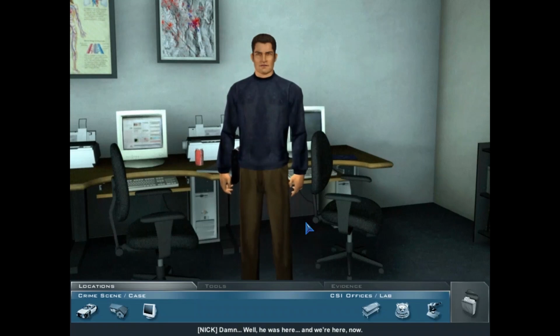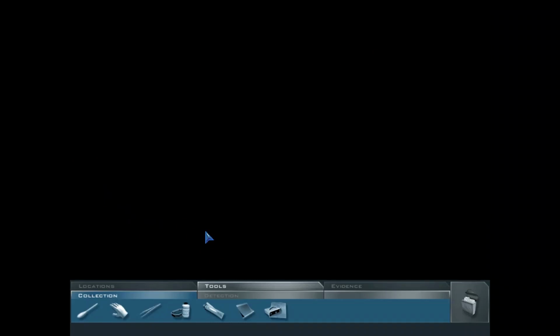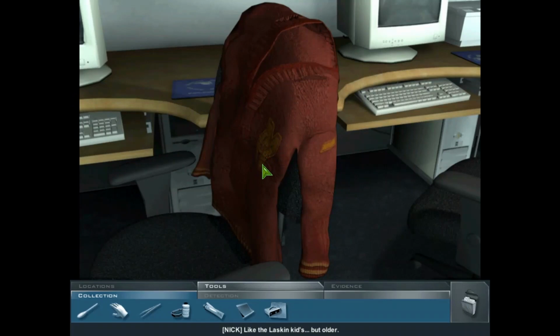Damn. Well, he was here. We're here now. So let's process this place like a crime scene. Like the Laskin kids, but older. Let's process this baby for evidence, then get it over to Greg.